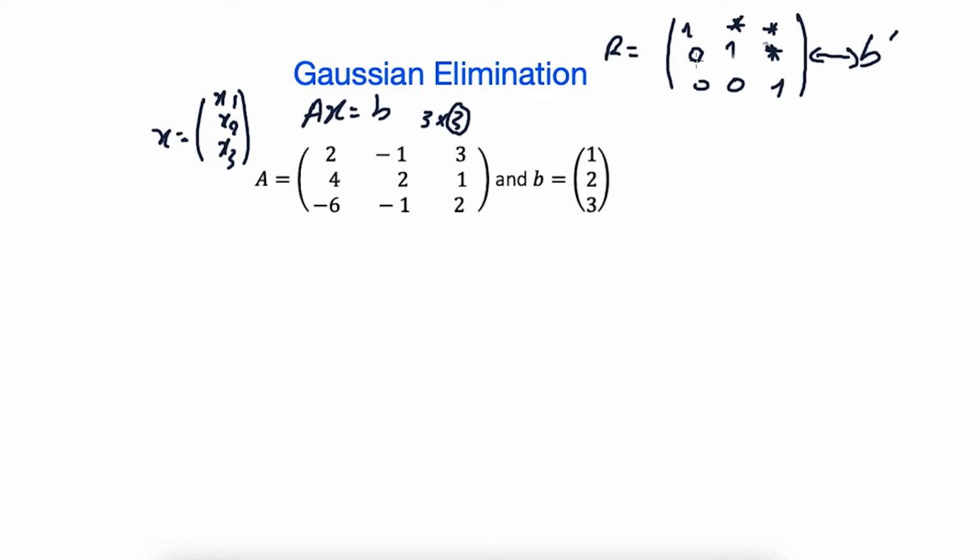Now in the first step we need to get 0 here and 0 here. Let's call these rows R1, R2 and R3. We will write the first row as it is, because we won't change anything in this step.